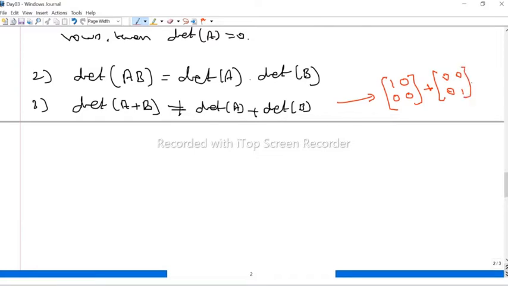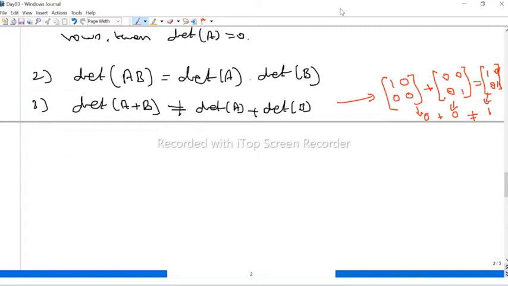If you add these two matrices, you get the identity matrix 1 0 0 1. But what is the determinant of this? 1. What is the determinant of A? 0. What is the determinant of B? 0. But the sum is not equal to 1. Therefore, determinant of A plus B is not equal to determinant of A plus determinant of B. It may be true for some special types of matrices, but in general it is not true.